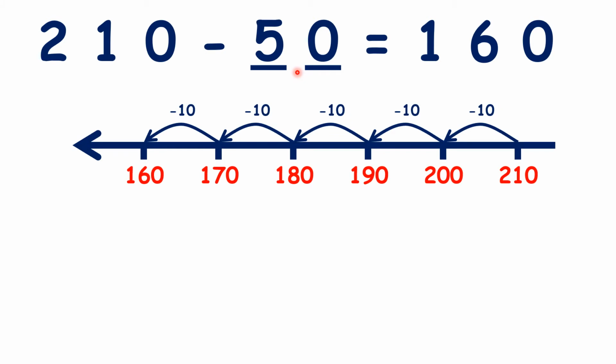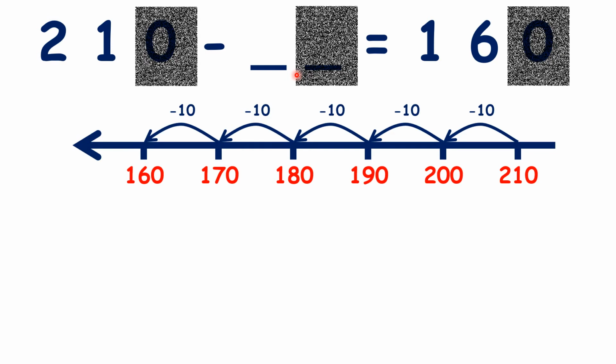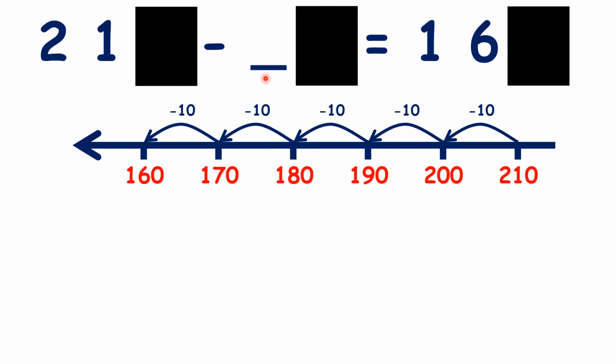But without using a number line, we might still be able to answer this question, because both of the numbers we have in the question are multiples of 10. So if we ignore our tens and units, we have 21 minus something is 16.